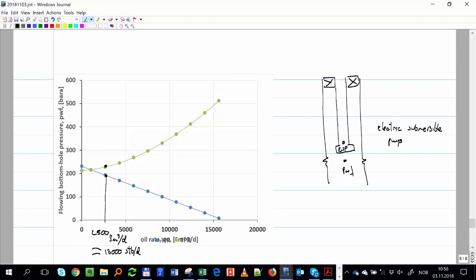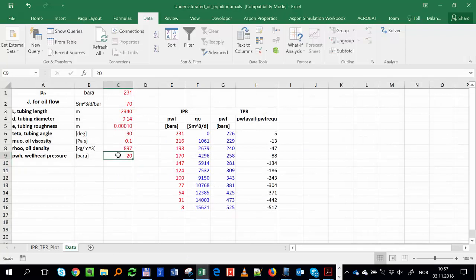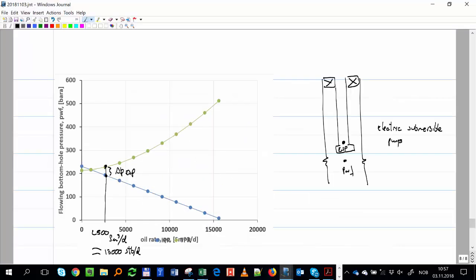So this ESP has to be able to bridge this delta P to provide that rate. And actually, that's what they use in this field. They say, if we put here 7, we are not happy just with producing 6,000 barrels. We want to produce 13,000, twice as much. And to do that, I have to install a pump in the tube.